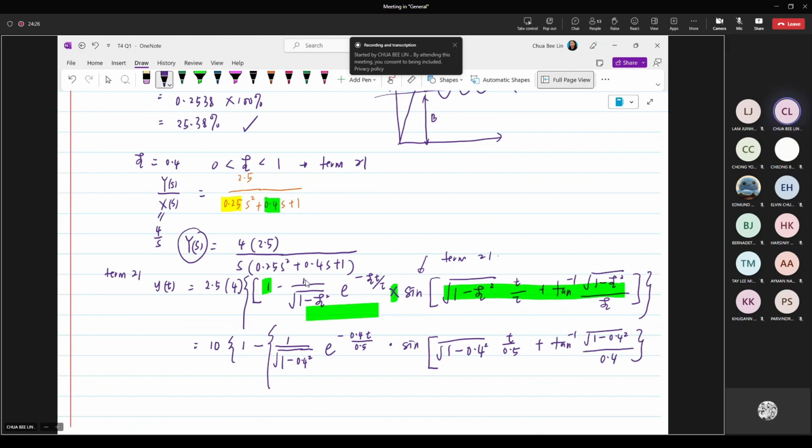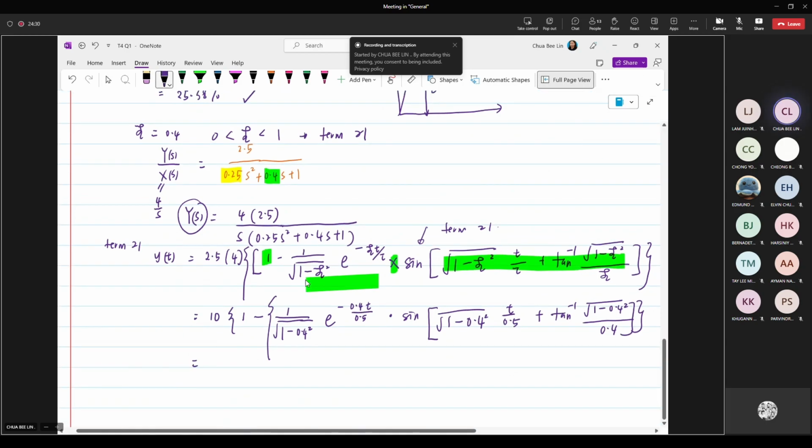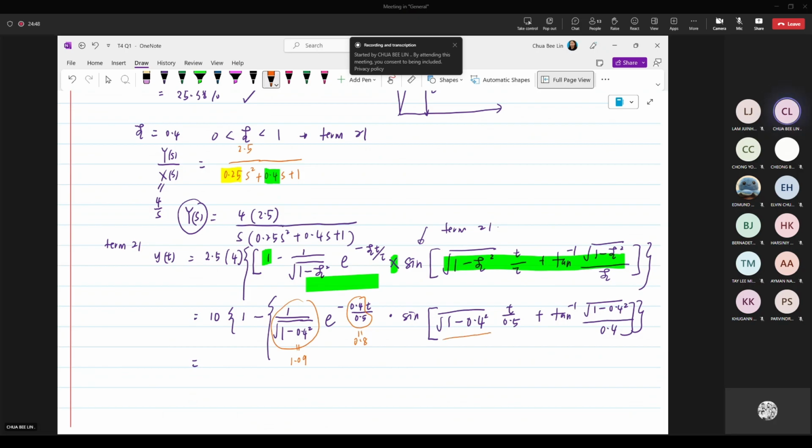Okay, then you solve one by one. Like for example, what I solved here, this one will give me 1.09. This gives me 0.8. And I have this one solved.